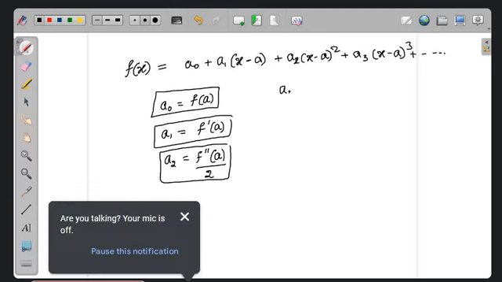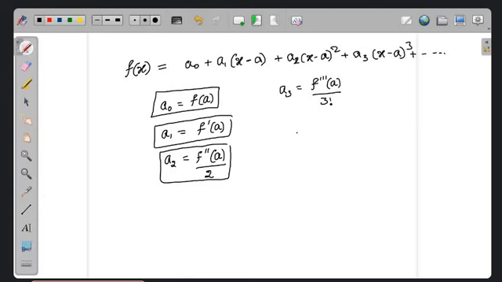And now you can write a3. a3 is going to be the third derivative at a by 3 factorial. So a4 is going to be the fourth derivative at a by 4 factorial. So these are the coefficients in the Taylor series expansion.